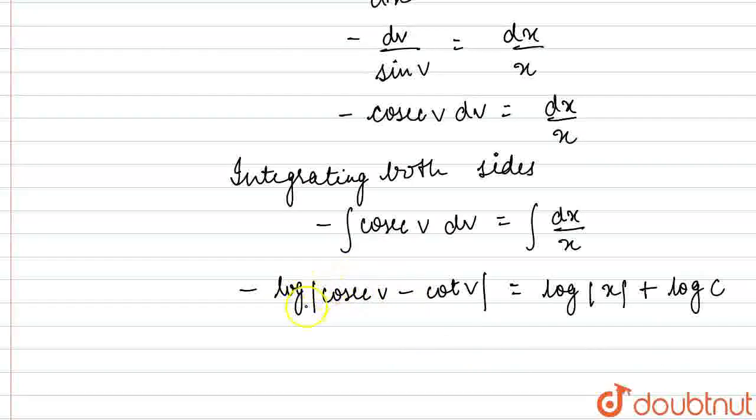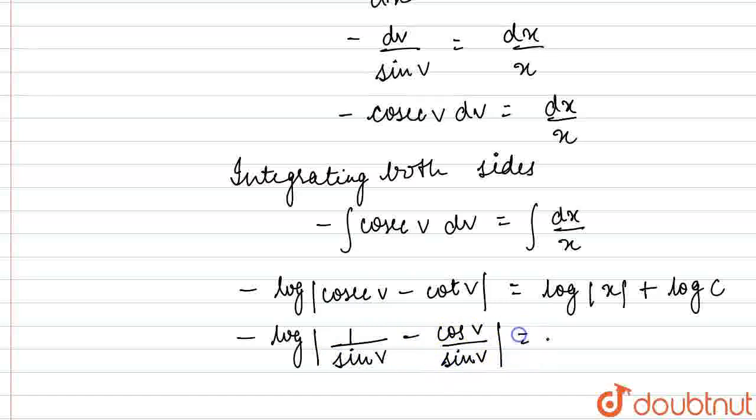Okay, now I'll simply write this as minus log mod of cosec v minus cot v, I can write this as 1 upon sine v minus cos v upon sine v, is equal to log mod of x plus log c.